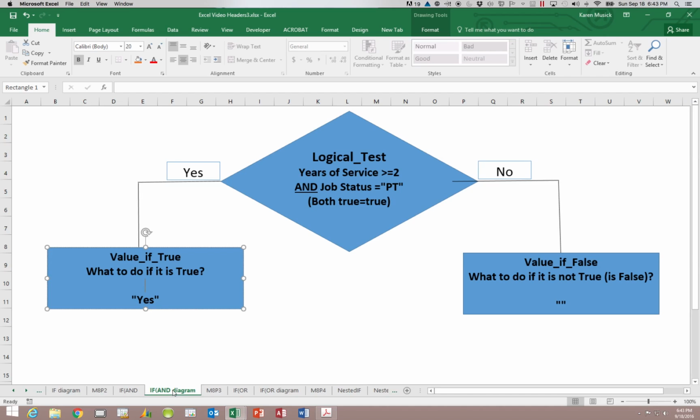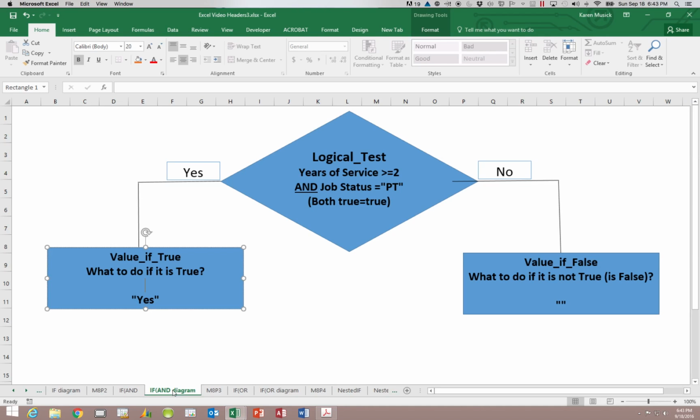So in our diagram, you can see that we have two decisions or tests in our logical test. The first one is going to look at the years of service, and if that is greater than or equal to 2, then we're also going to look at the job status, and that has to be equal to PT or part-time.